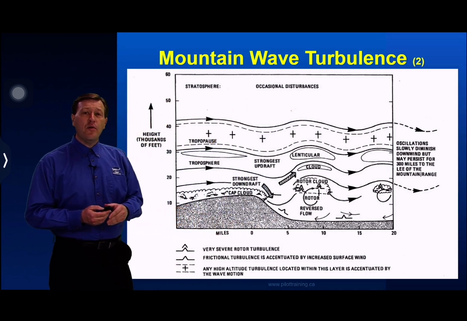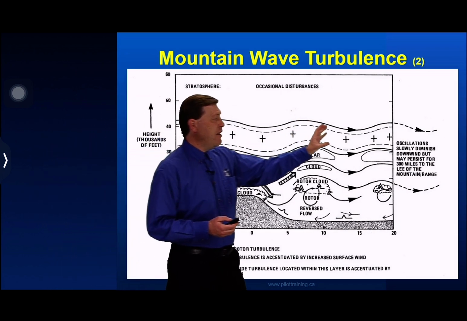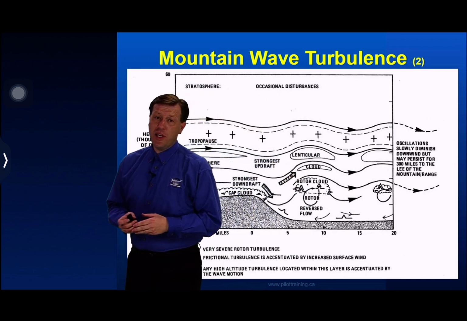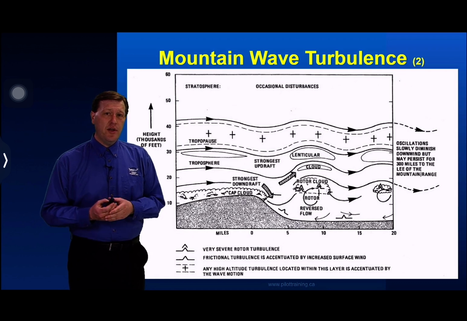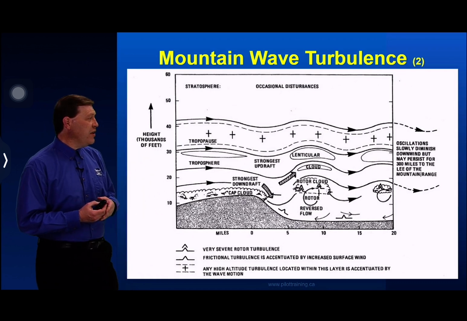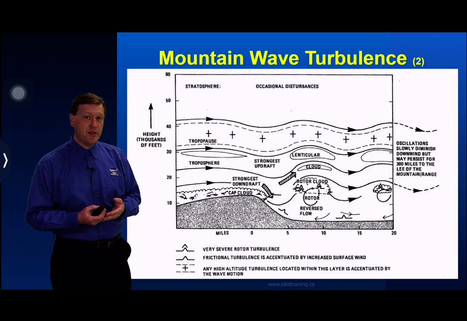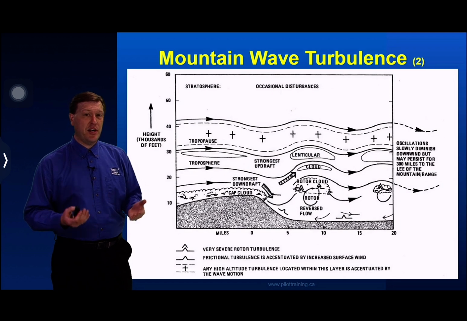Now, when it comes to the upper levels here, really, it depends upon our speed as to whether we'll encounter turbulence or not at those higher altitudes. I mean, I've had many experiences with mountain waves, flying in, say, something like a 172 or a Cherokee.